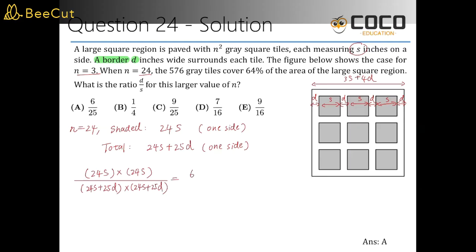So 64% is 64 over 100. 64, you can see this is 8 times 8. 100 is 10 times 10. So you can see 24s corresponds to 8, and 24s plus 25d corresponds to 10.